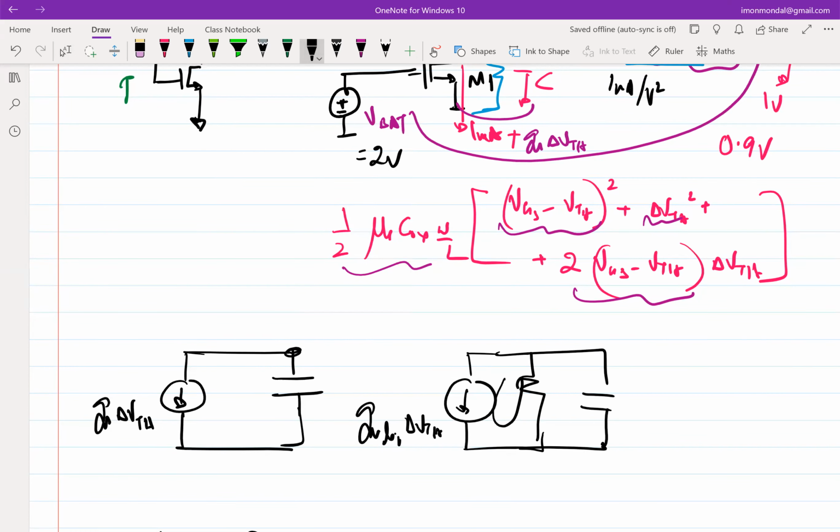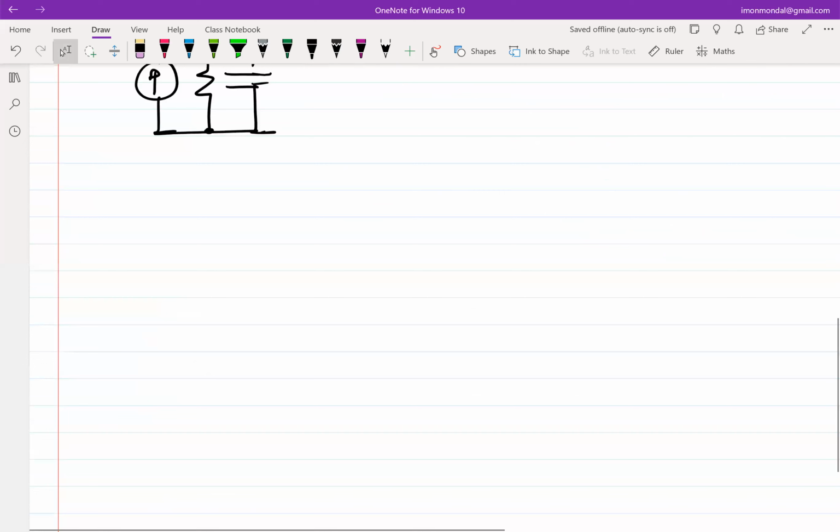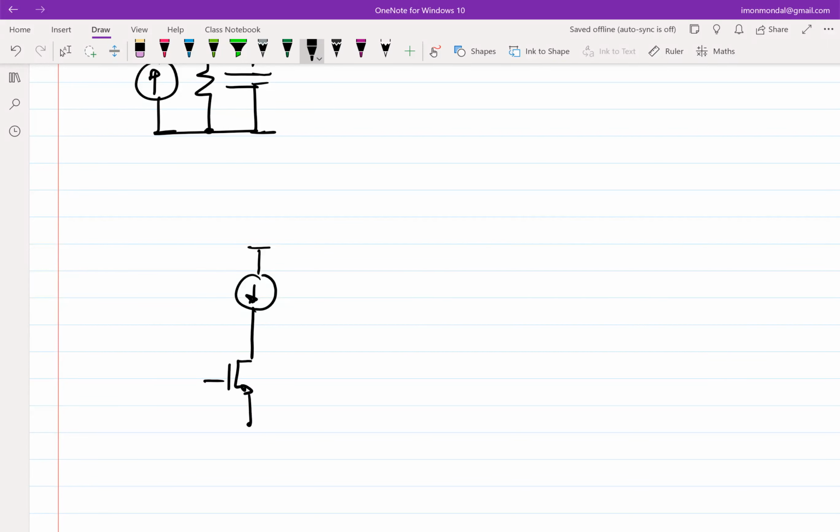Okay. So now we have one way of biasing the transistor using a current source, without using an explicit voltage source. We would like to use this configuration to make a common source amplifier.